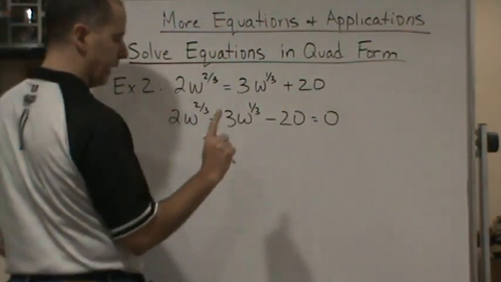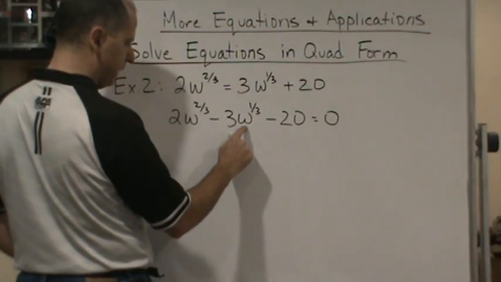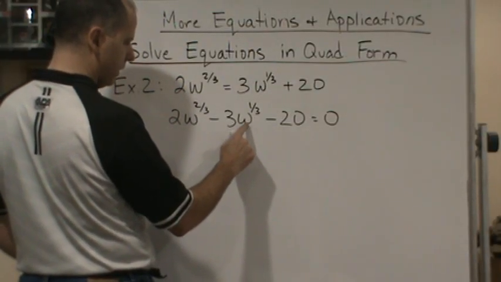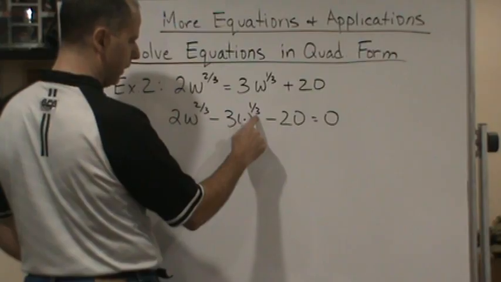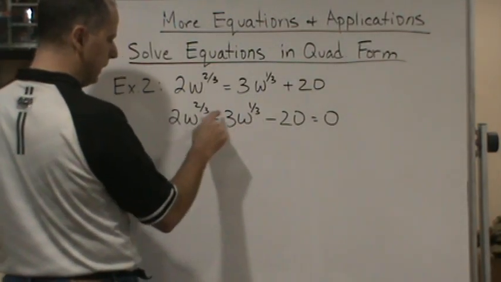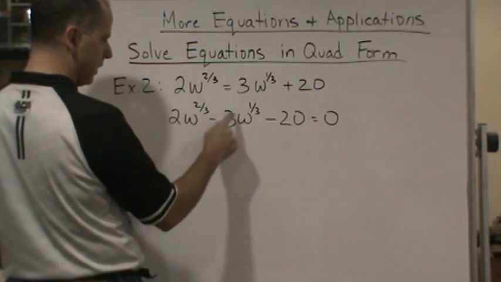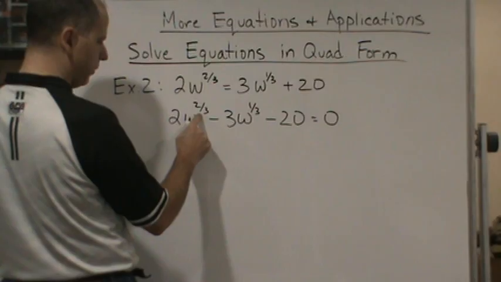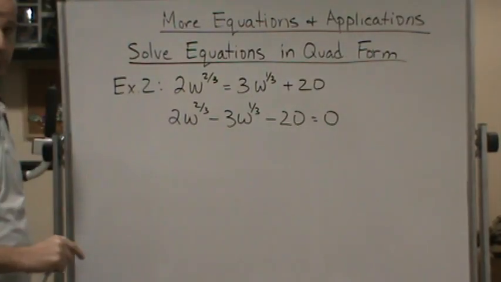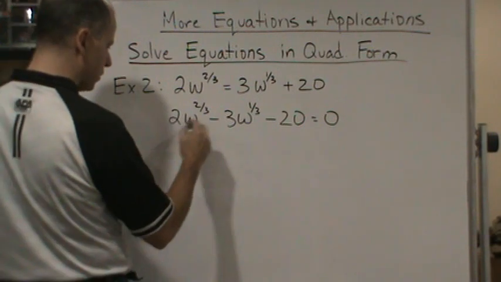Now notice, like I said before in the last video, how this exponent is half of this exponent. As soon as you see this situation where this exponent is half of this exponent, because 1/3 is half of 2/3, you have a quadratic form. And the way to see this too is you could just parse this out.